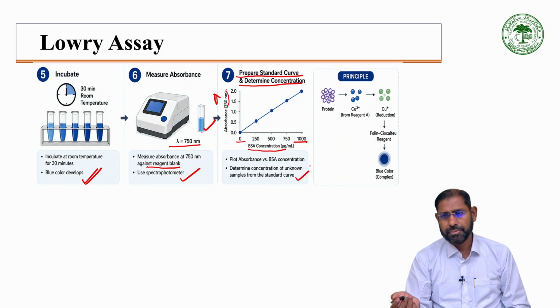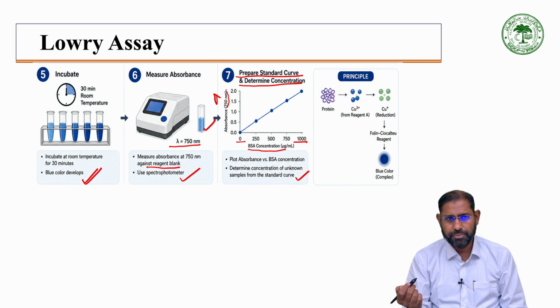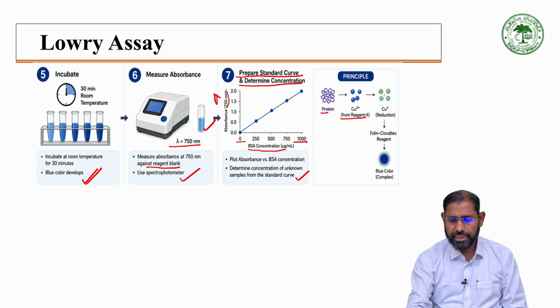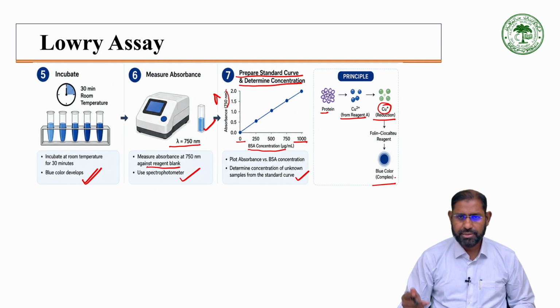This is the method, as with BCA and Bradford. And the principle of this Lowry assay is that the protein reacts with reagent A, then we have a reduction, the loss of one hydrogen atom. Then when reagent B is added, this becomes a blue color complex, and we measure the absorbance.